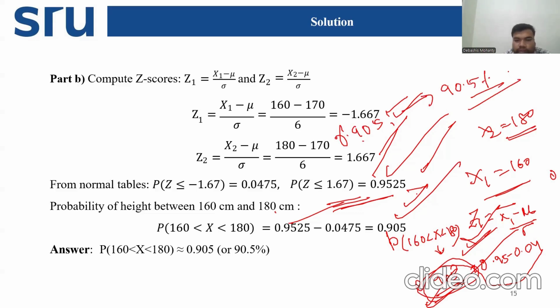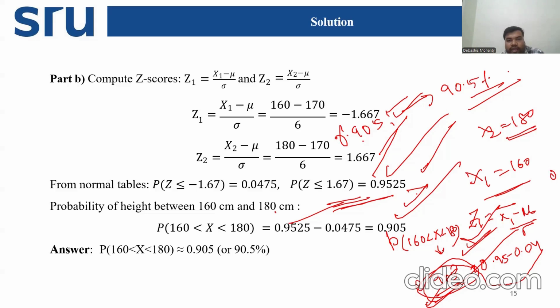Okay, students. So this is about the first question. Any doubt, please ask. Because here the x1 and x2 values are already given, you need to calculate the height between 160 and 180. So for 160, the x1 value is 160, and you apply the same mean and same standard deviation.